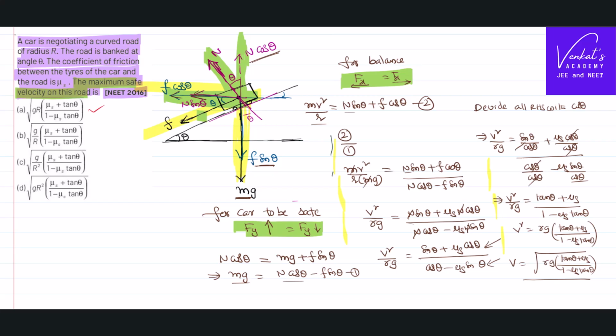Be careful in understanding that N sin theta and F cos theta act this way, so the centripetal force must act this way, mv square by r. As I have balanced all of them, simply divided and simplified, I got the answer. The mathematical calculation shall not be a problem. The only thing you first need to understand is how you are getting there conceptually. Understand that point carefully so that you will be able to get it right.